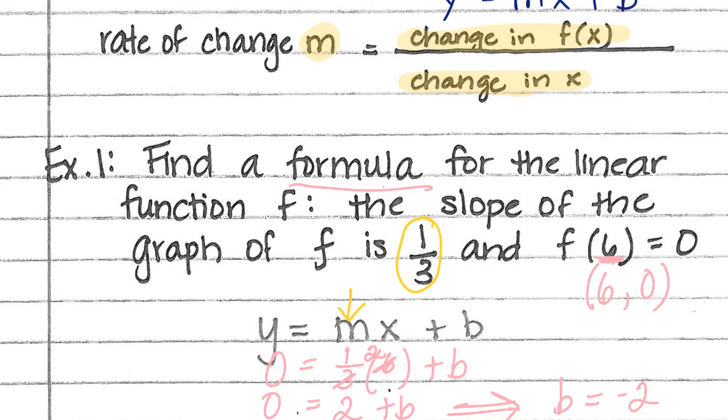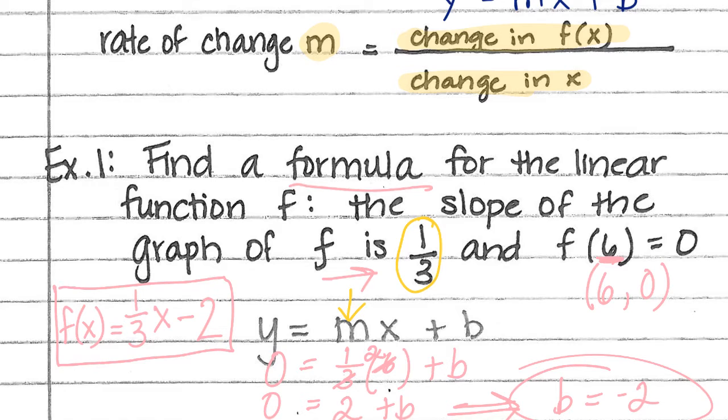And the nice thing about this is that we get to write everything in f of x, so slope-intercept form, but instead of writing a y, we're going to write f of x. Notice my slope is right here. It's 1/3 x, and my b is -2. So my answer is f of x equals 1/3 x minus 2.